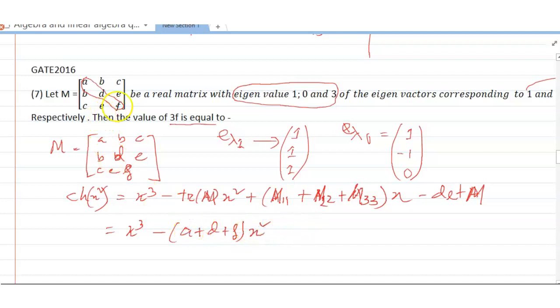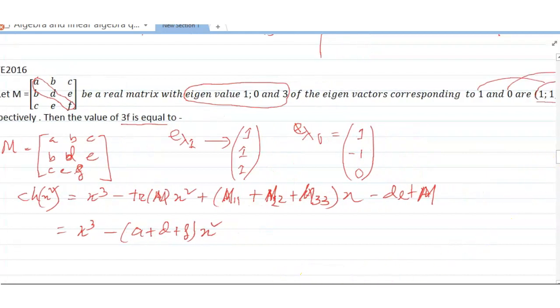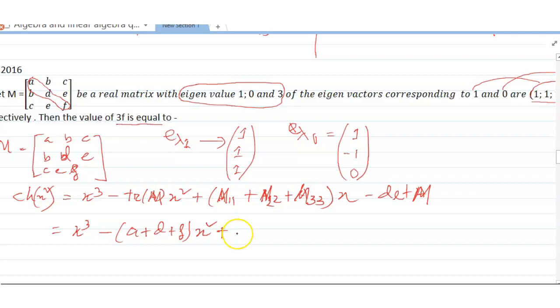Trace means the sum of the diagonal, we know already. The cofactor of m11 is df minus e squared, of m22 is af minus c squared, and of m33 is ad minus b squared.